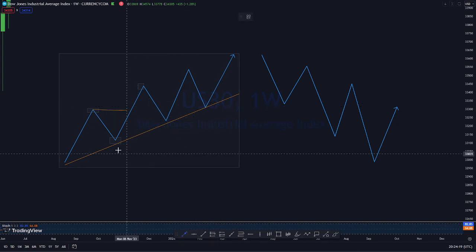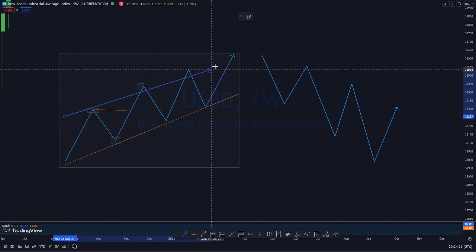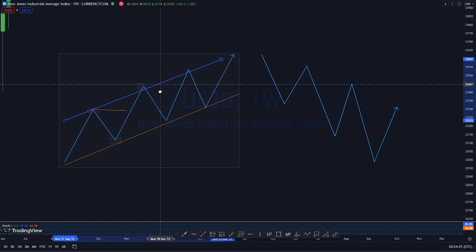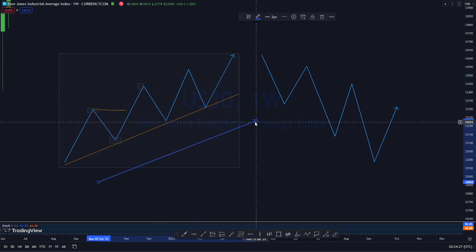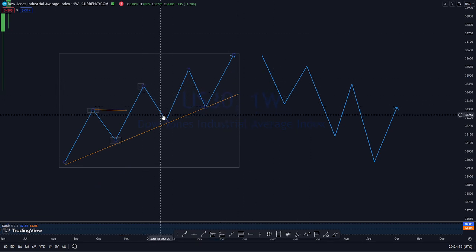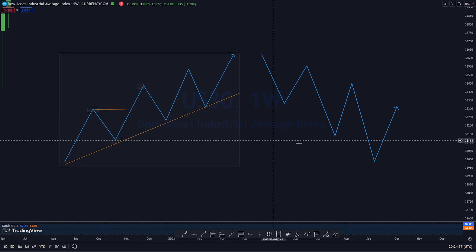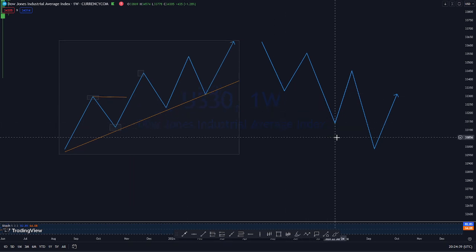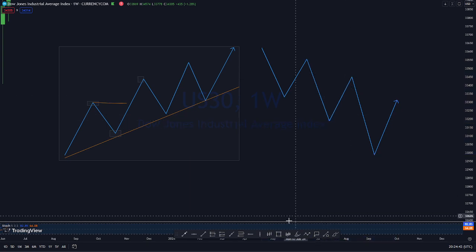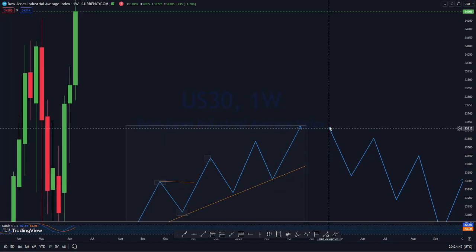So we look at trades based on the structure of the market. In this market condition, what we would want to do is take a buy, right?